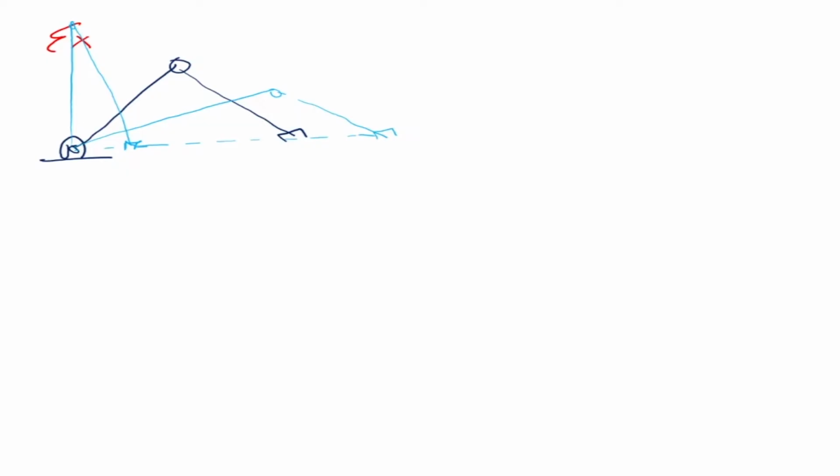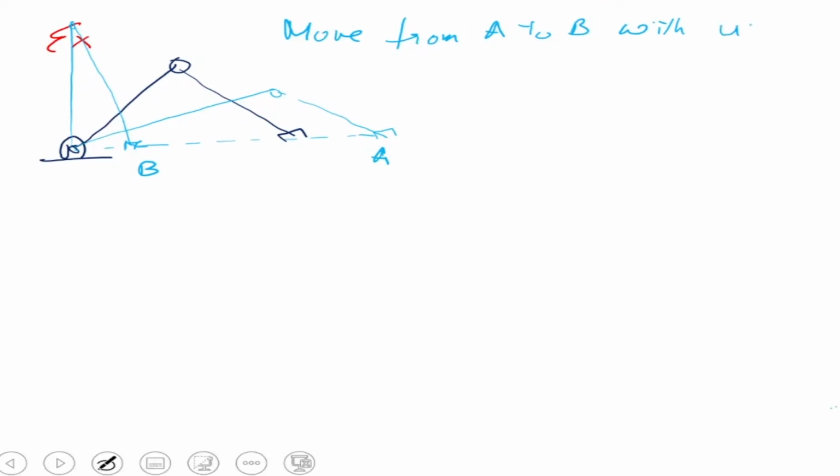The question here is, for this two-link manipulator, we want it to go from point A to point B, okay, so the manipulator should move from A to B with uniform velocity of 1 meter per second.